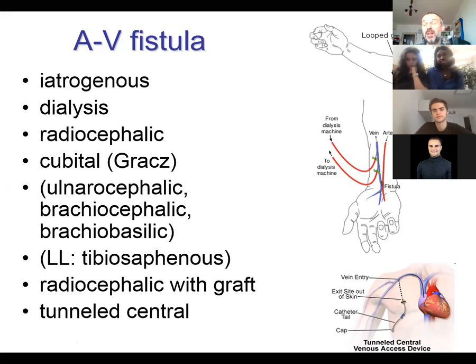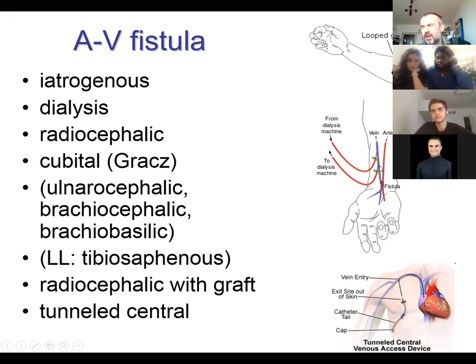So for the peripheral approach, we can produce an arteriovenous fistula, and this arteriovenous fistula can be either natural, so you use your own vessels, or you put there a prosthesis. Yeah, as you can see here, a graft.